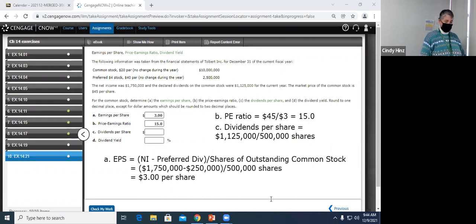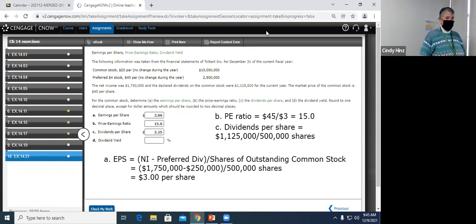We already calculated there were 500,000 shares outstanding. And that is $2.25 per share. That's a super high dividend, not very likely if the company only made $3 per share, that they only basically kept 75 cents of that for retained earnings and paid out most of it. That would be very unusual. But it is what we're given.